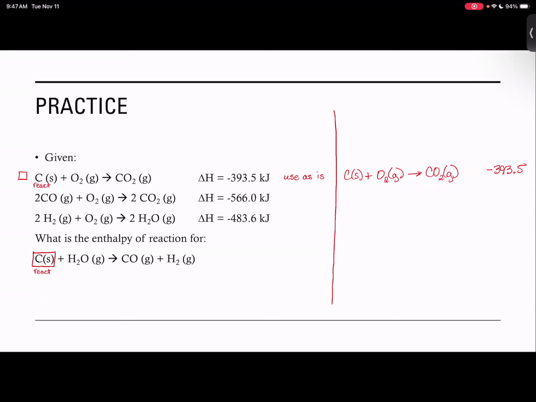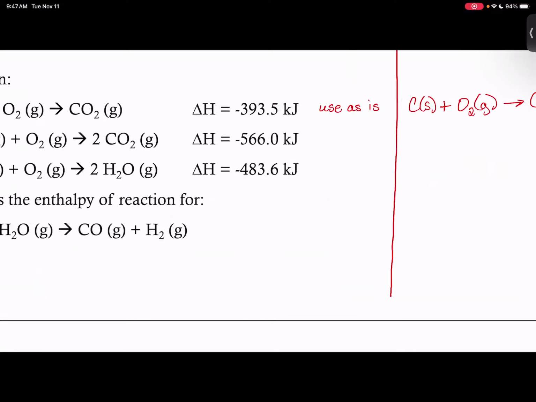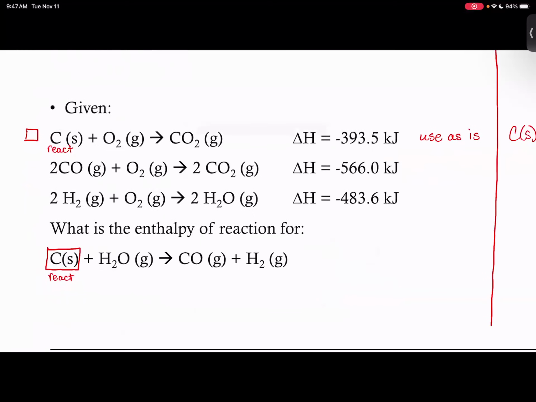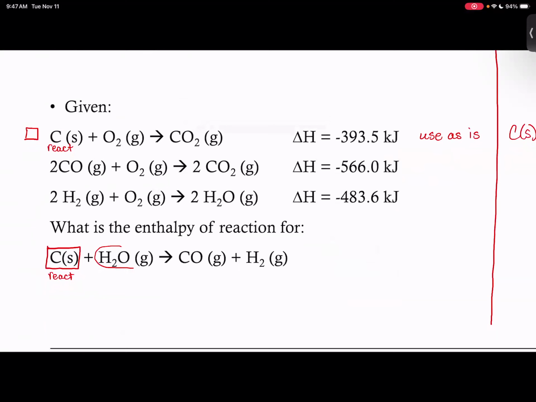Okay. The next one is going to have water gas. I'm going to look for an equation that has water gas. That is my third equation. I need water gas as a reactant. It is currently a product.